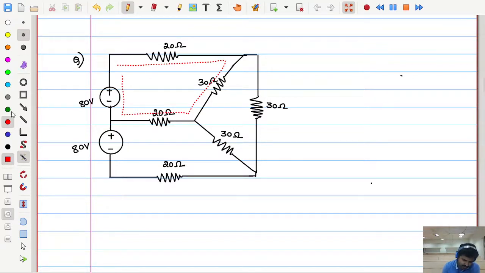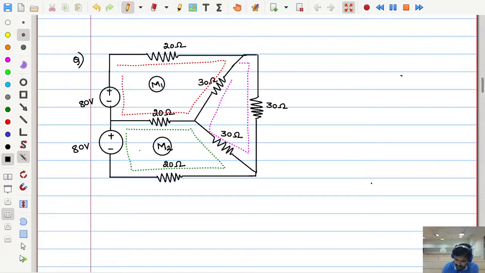Your area might be this one, which is mesh 2. Then your friend might come a little later, and we occupied these grounds. Now let us take some naming. M1, I am putting some symbol there. Once they see this, they will assume that this is my area, this is your area, this is your friend's area. M1, M2, M3.